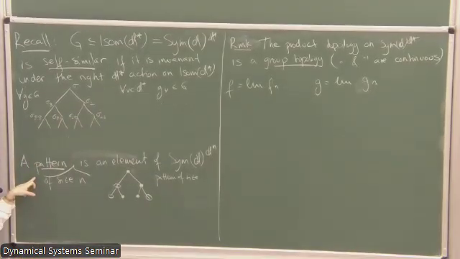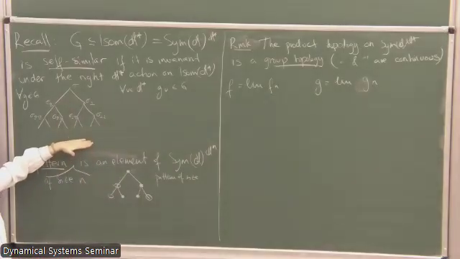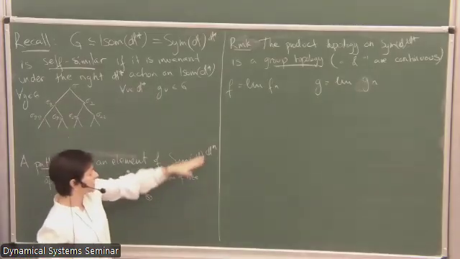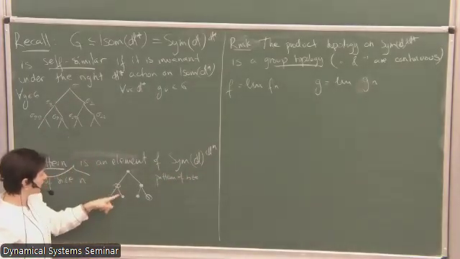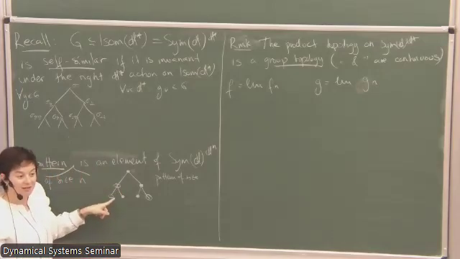I need to recall some notation: a pattern of size n is one of these portraits, but it finishes at some finite level. So a pattern of size n is an element of Sym(d) to the n. So here is a pattern of size, how much?